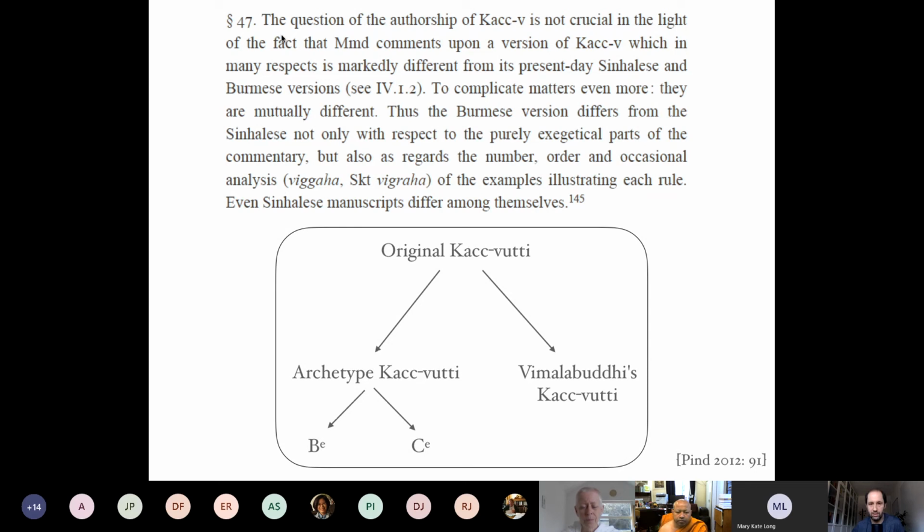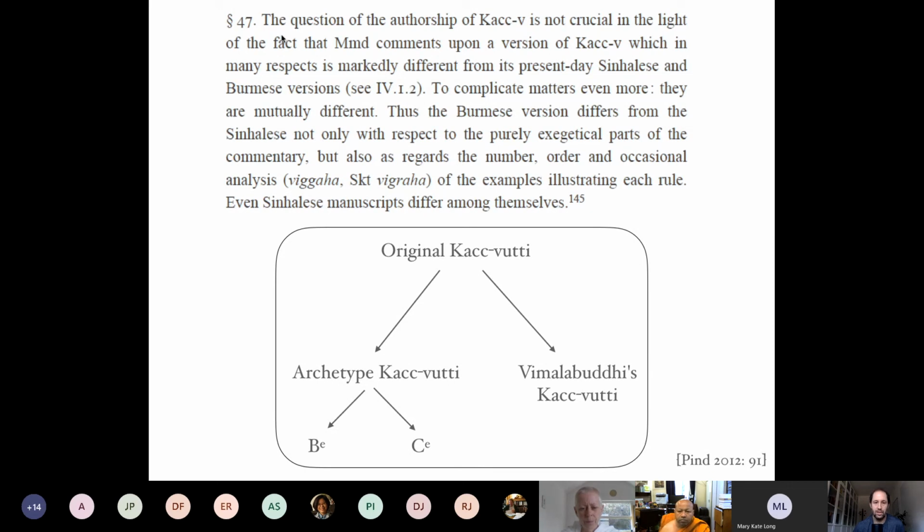So the picture would be something like this. We suppose that there was once an original Kaccāyana Vritti, and some text developing from this original is the one commented on by Vimala Buddhi in the Mukkamattadipani. But a different text is the one we know as the Kaccāyana Vritti. We don't preserve the second stage of development, because we already have divergent traditions.